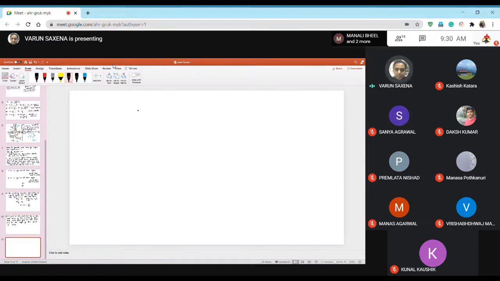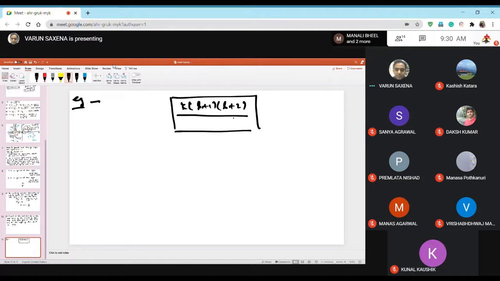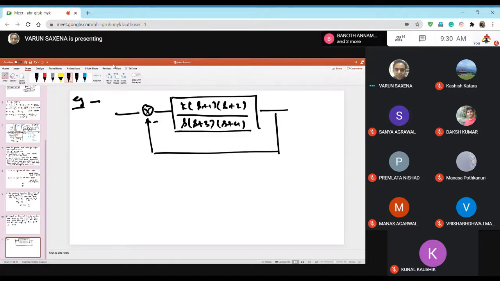Okay, let's take a small example where you have K(s plus 1)(s plus 2) over s(s plus 3)(s plus 4). So this is the problem.